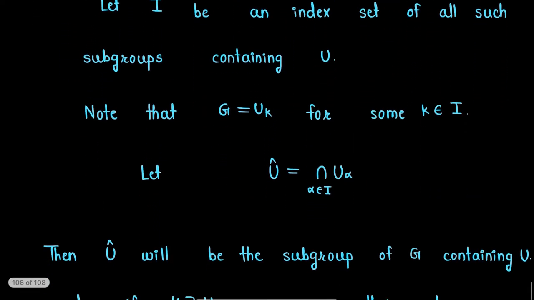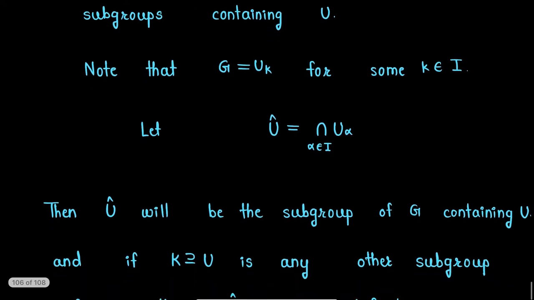Now note that G will be equal to UK for some K in the index set I, because G is a group, so G is a subgroup of itself which contains the subset U of group G, and therefore G will be equal to UK for some K in I. This is only additional information.